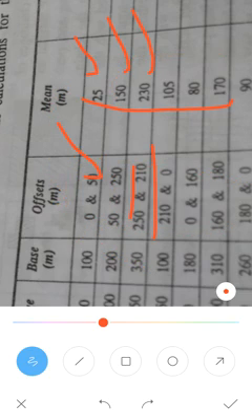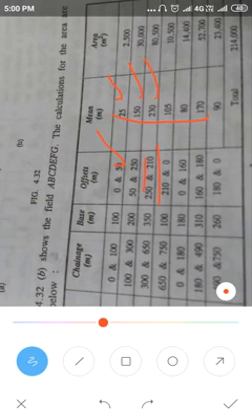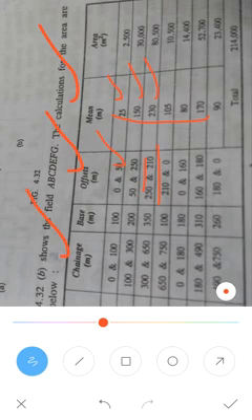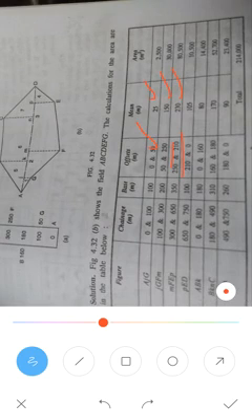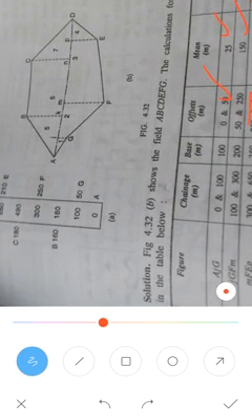Next, I told the chain edge, I told offset, I told mean. Now you have to be very careful with the base length. See here, for AGJ, the base is here.